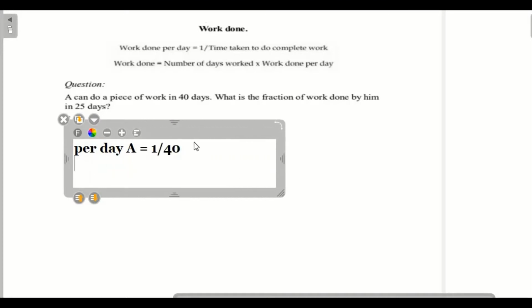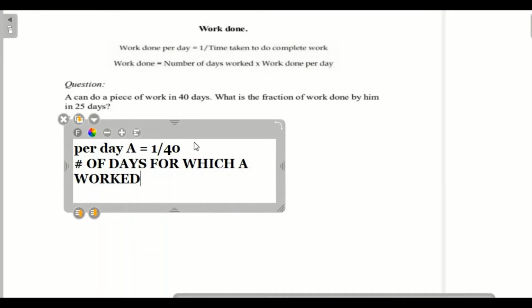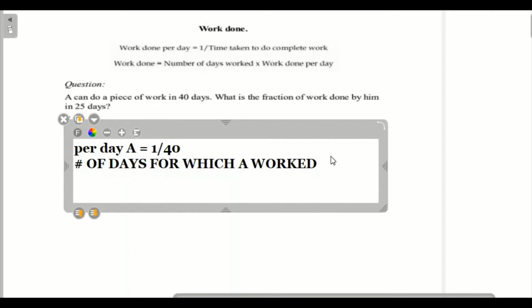Okay, so then the number of days for which A worked. So how many days he has to work, we have to find. So he has worked for 25 days. So it is 25.